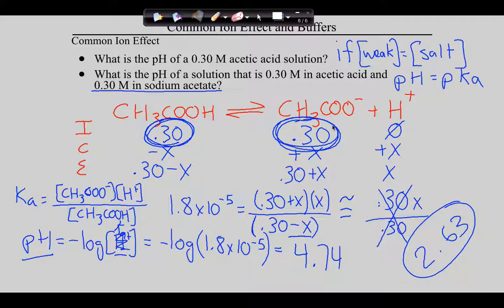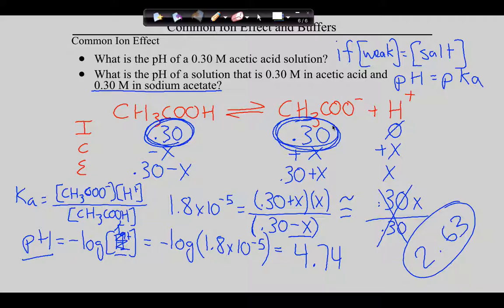They took Henderson-Hasselbalch away from us with the 2014 revision of the test, meaning that they always demand ICE boxes. So if you saw it in multiple choice, then they're wanting you to know pH is pKa. If you see it in free response, they're requiring the complete solution.